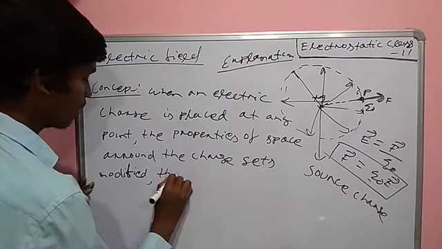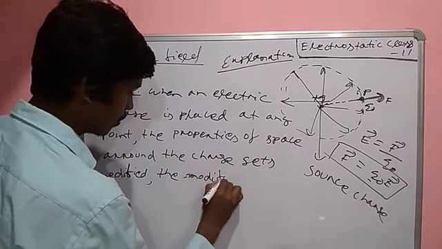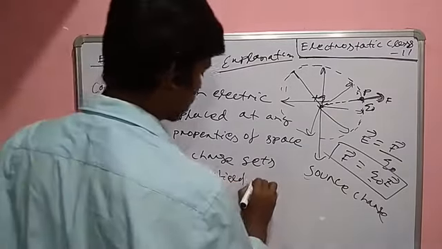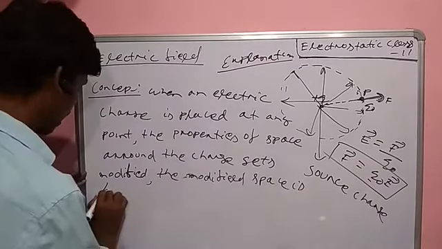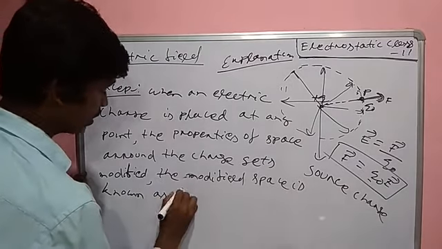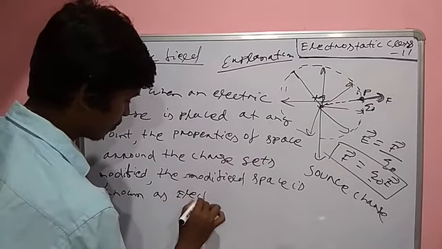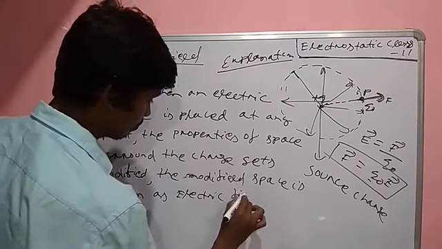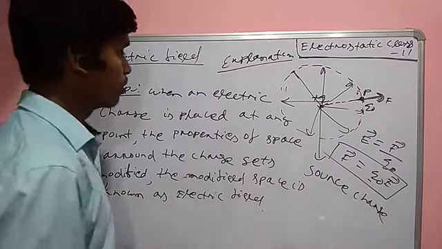The modified space is known as electric field. This one is electric field, so you can write it down.